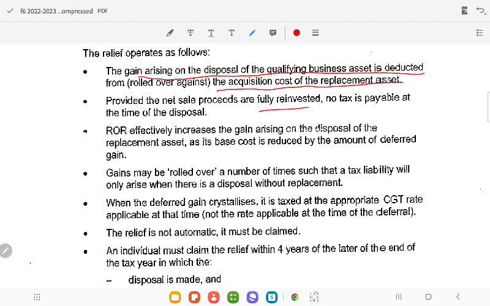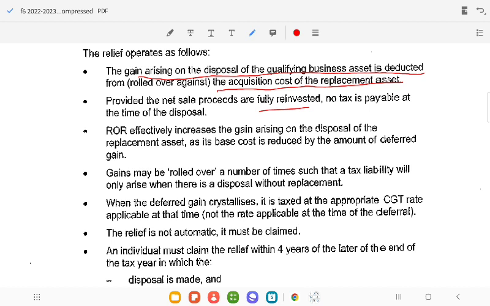If the net sale proceeds are fully reinvested, no tax is payable at the time of disposal. Rollover relief in fact increases the gain arising on the disposal of the replacement asset. Why so? Because the base cost of the new asset is reduced by the gain on the disposal of the first asset. Gain may be rolled over a number of times.